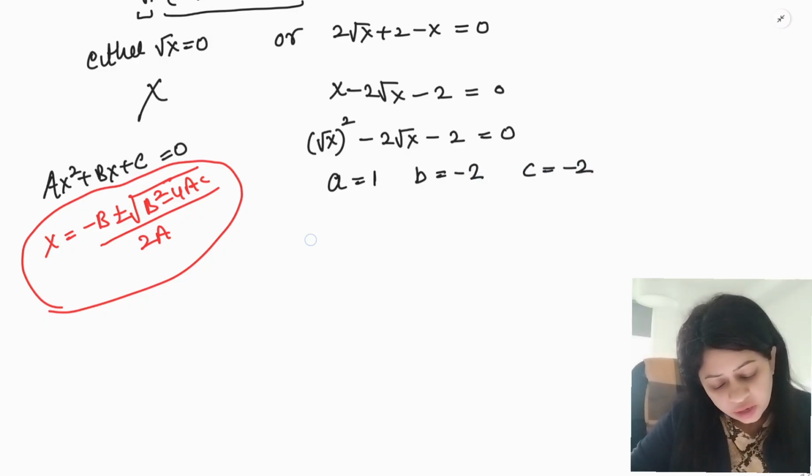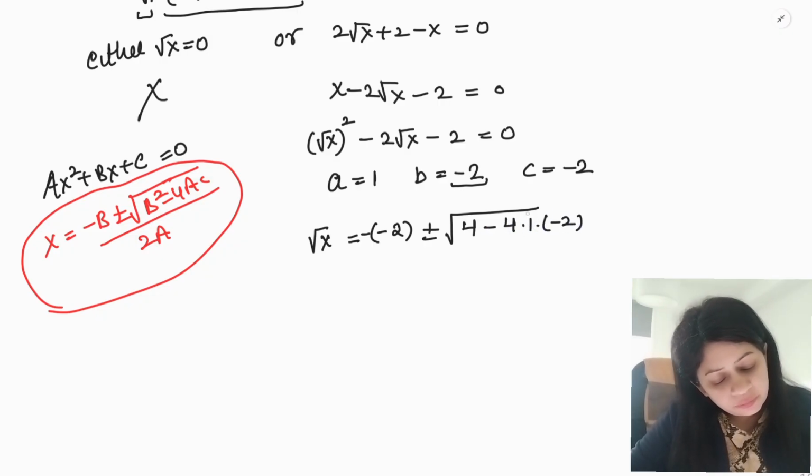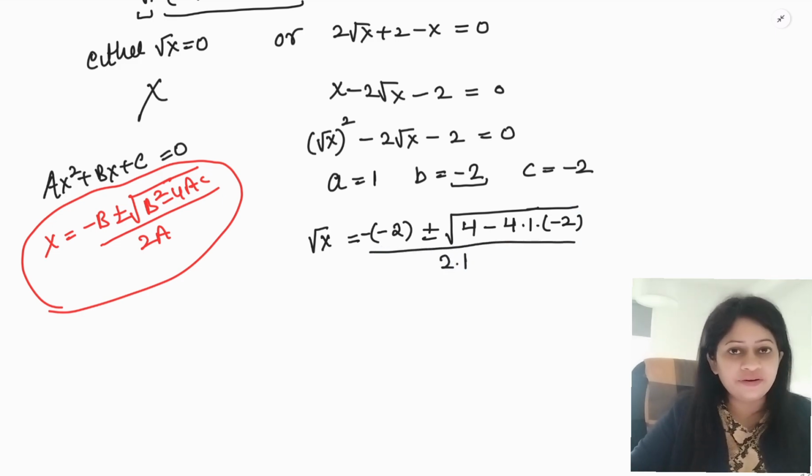Okay, so root x is equal to minus of minus 2, minus b, plus minus under root b square. b square means minus 2 whole square, that will be 4, minus 4ac, by 2a, 2 times 1, right?